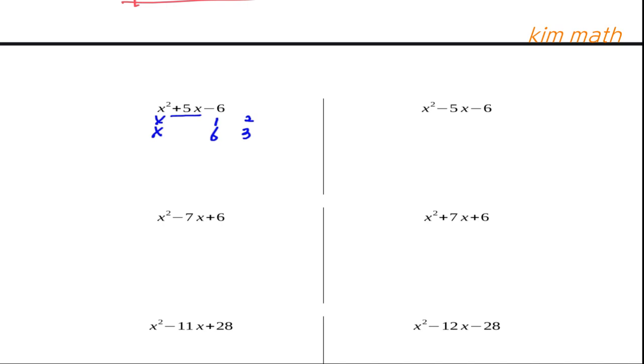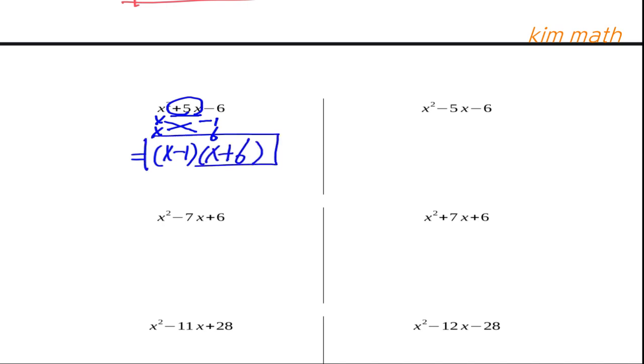So I think only this is the good choice, because this is a negative x, this is a positive 6x, now the sum is a positive 5x, right? So the other does not work here. So what is the factoring result? x minus 1, x plus 6. Good, we have two factors.